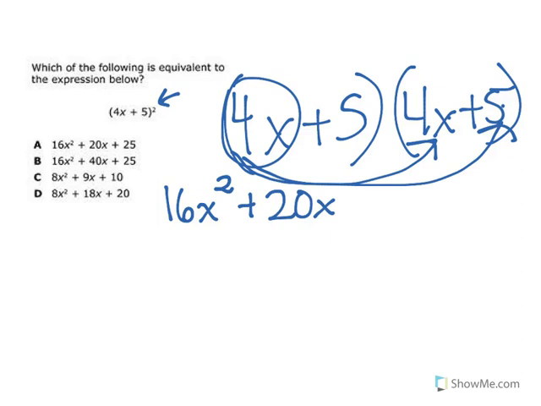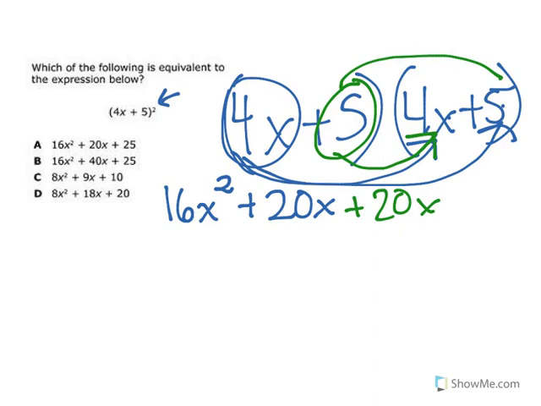But I'm not done. Because this distributive property is a little bit more advanced, you have a second term you have to multiply by. So 5 times 4x is 20x. And then 5 times 5 is 25.